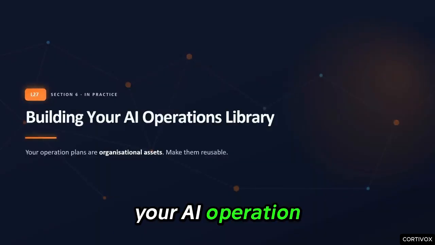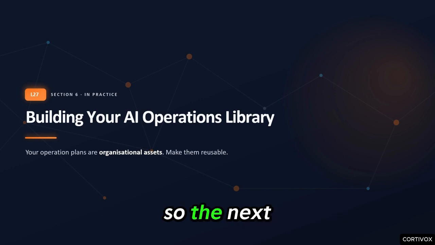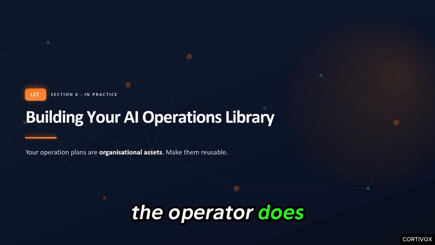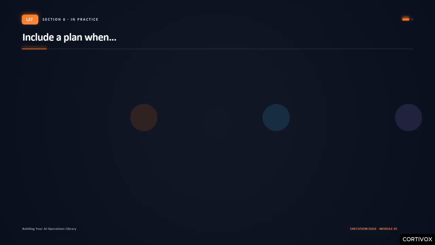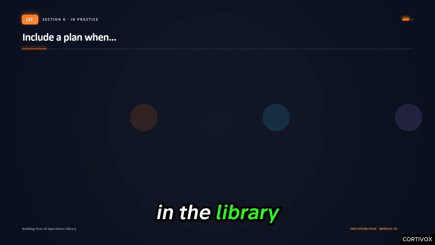Your AI operation plans are organizational assets. An AI operations library makes them reusable and transferable, so the next time a similar system is deployed, the operator does not start from scratch. 3 criteria for including an operation plan in the library.